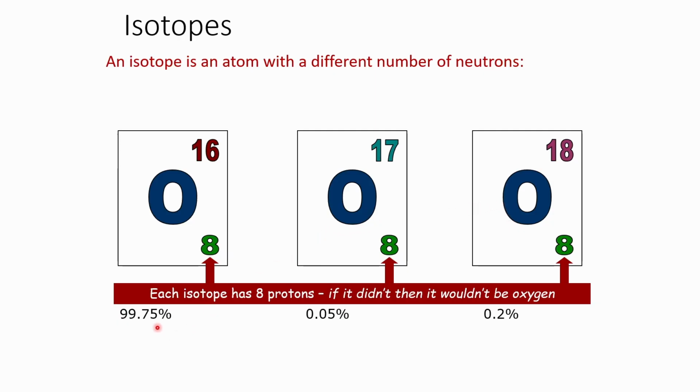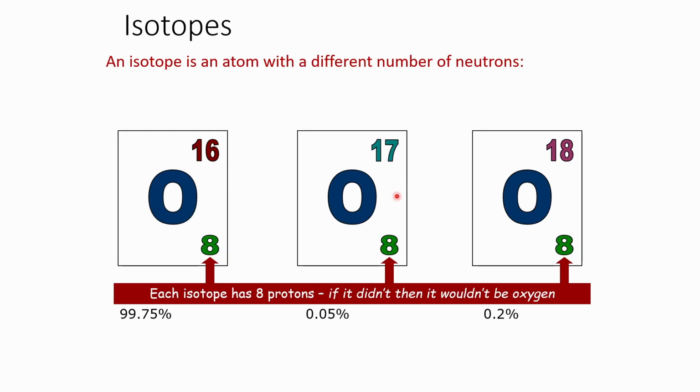And throughout the universe, we have a different percentage. This is how much naturally is in the world of each of these. So we have mostly oxygen with a mass of 16. Coming in behind that, we have a few which has the extra 2 neutrons, 18. And then we have a very, very small amount of oxygen, 17.